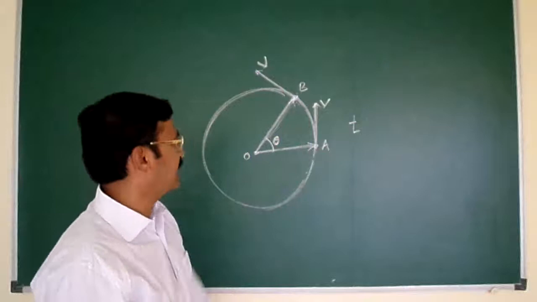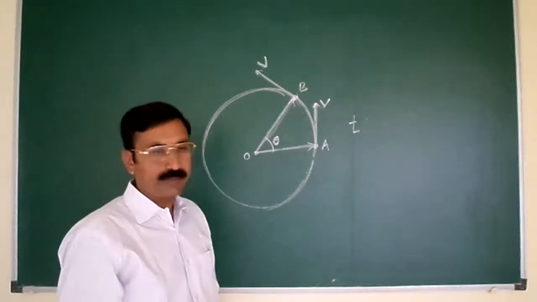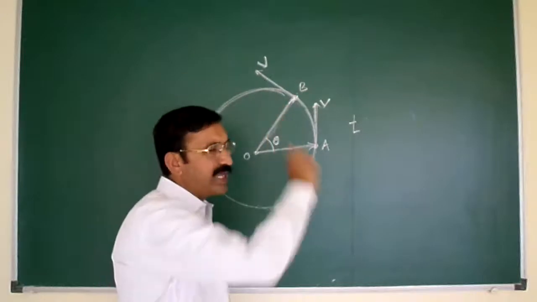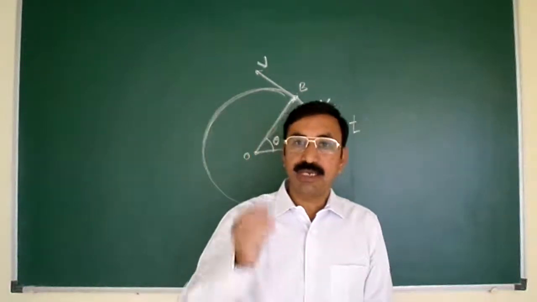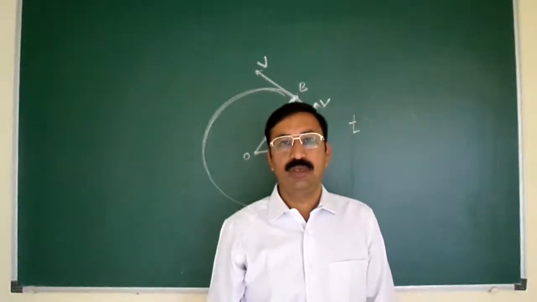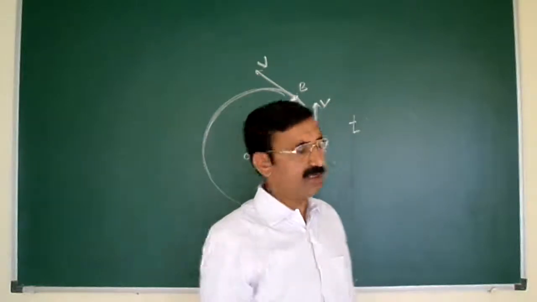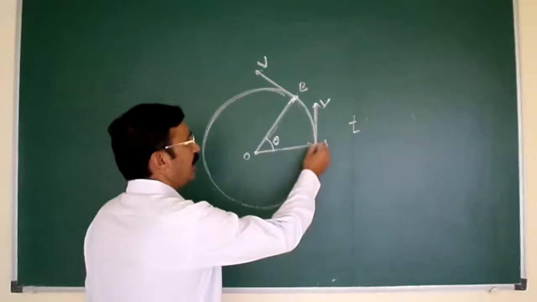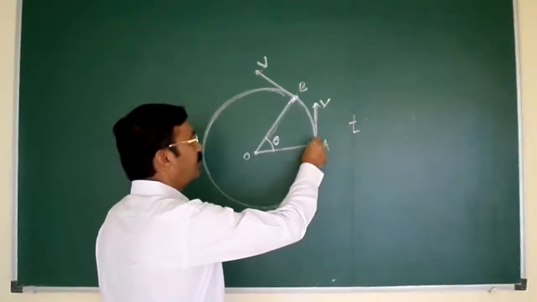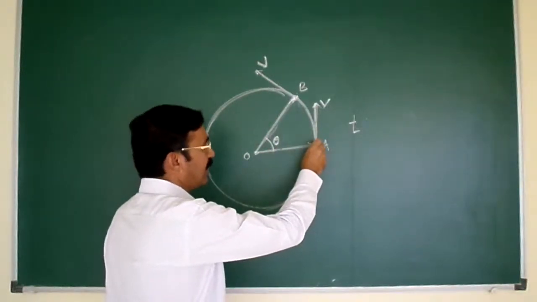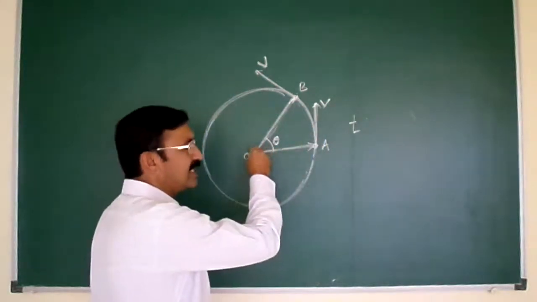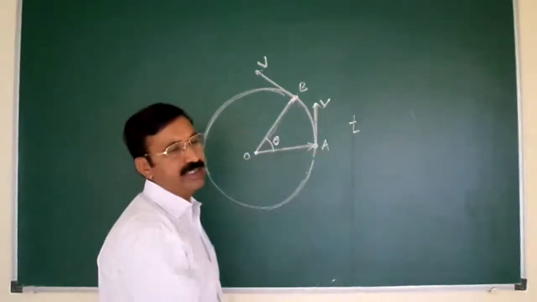In such a case, the angular acceleration becomes zero, but the linear acceleration is not zero and is always acting on the particle, and its direction is always toward the center along the radius.